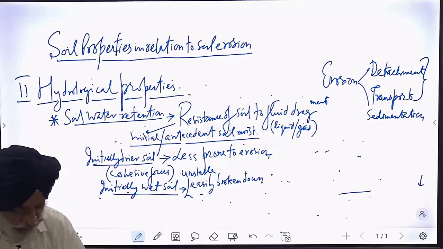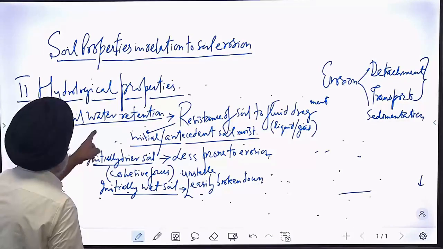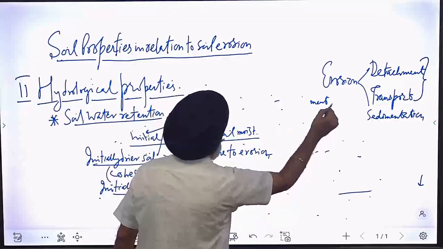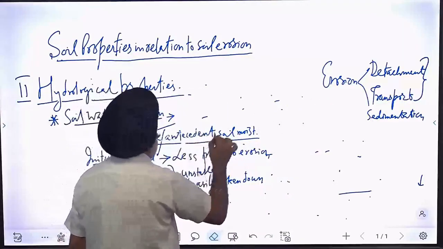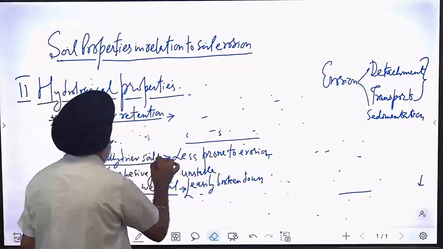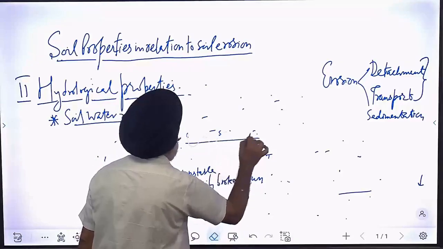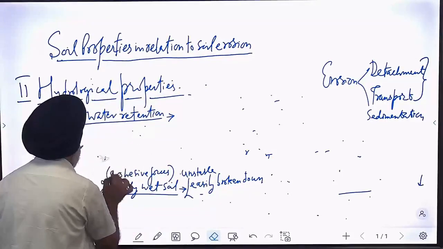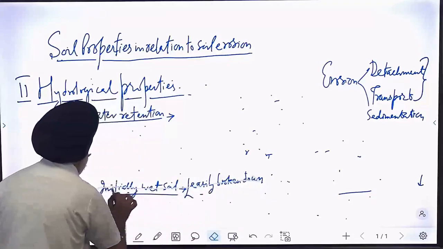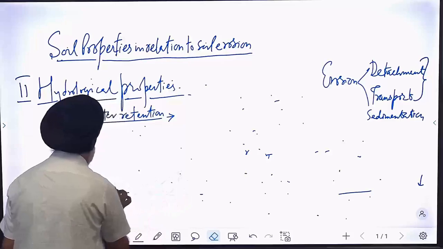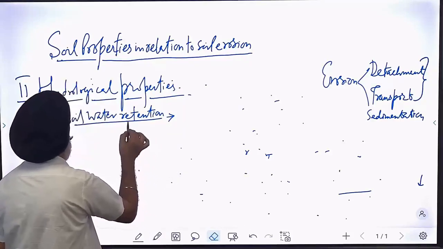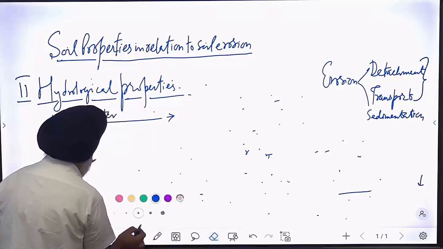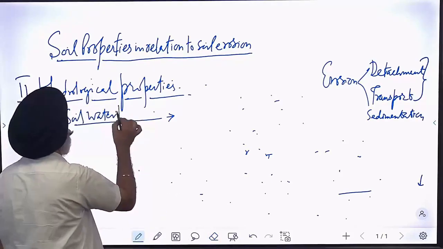Then coming to the soil water transmission. So, this was retention. Now, the next will be transmission properties, but of course, these are under hydrological properties. So, instead of retention, now we will have soil water transmission.